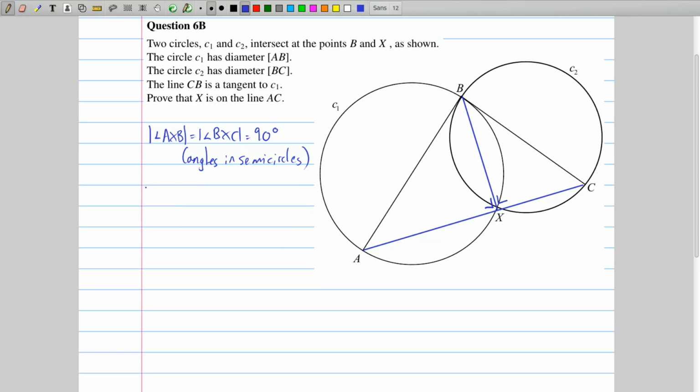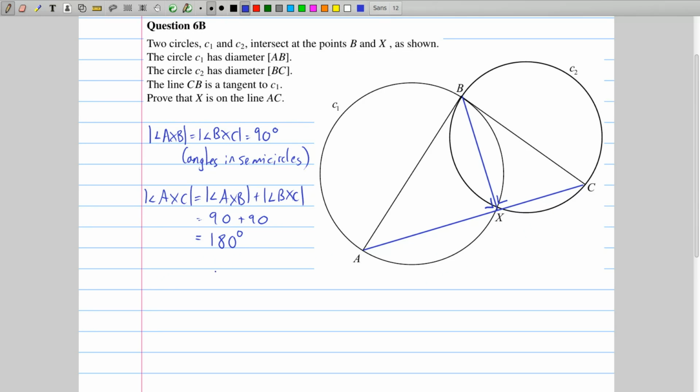By one of our angle theorems, we know the angle AXC, that is the angle that starts with A here, passes to X, and then goes to C. We know that that's the sum of the two angles that are on that angle, so that's the sum of AXB and BXC. In other words, it's 90 plus 90 because we know that both of those individual angles are 90 degrees. And that leads us to the idea that that's 180 degrees, this AXC.